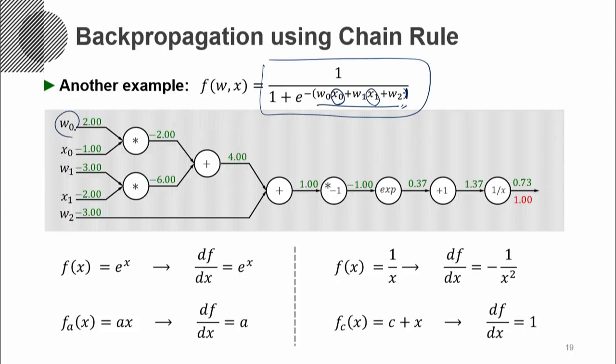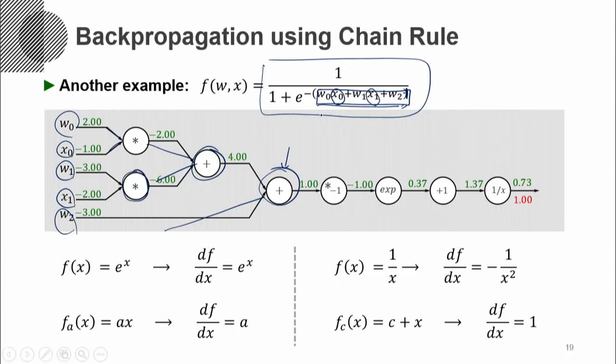So we have w0, x0, and w1, x1, and w2, and each pair is first multiplied together, and then they are added together here, and then further added together with this value. Up to this point it corresponds to the linear combination.